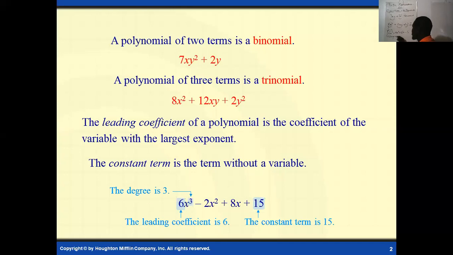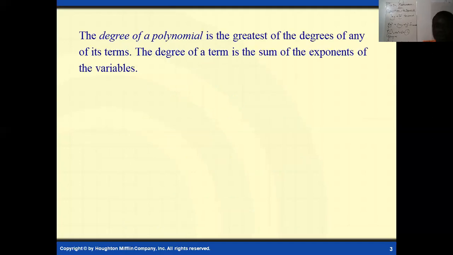And of course, the 6 here is what we call the leading coefficient. But anyone that does not have x or y, that does not have any of the variable, is called the constant term. So as you can see, this minus 5 is the constant term. So that's what we call polynomial degrees.